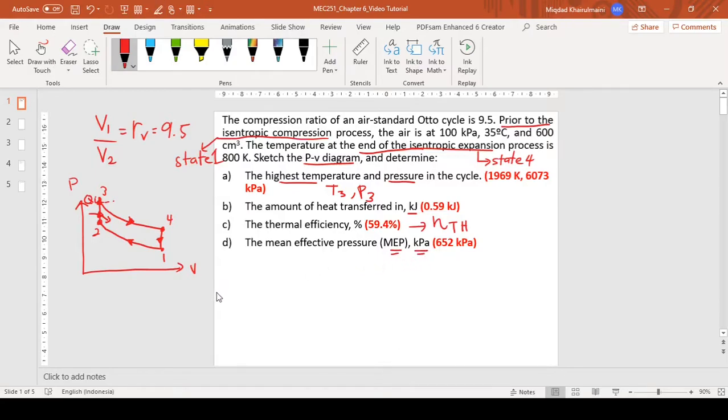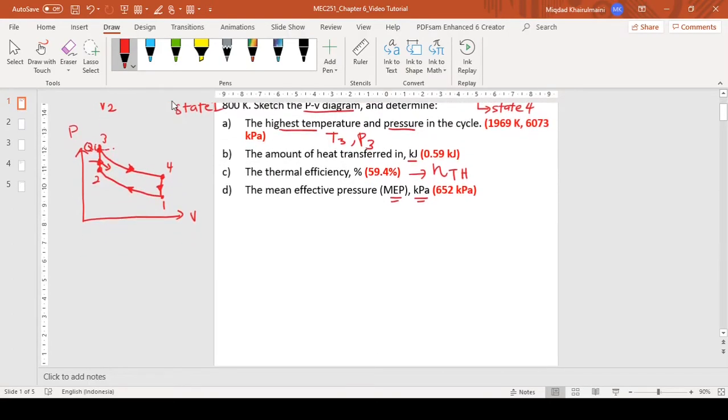So we can start with step number 1, where we try to draw the schematic diagram for the Otto cycle. We start with state 1, prior to the isentropic compression process.